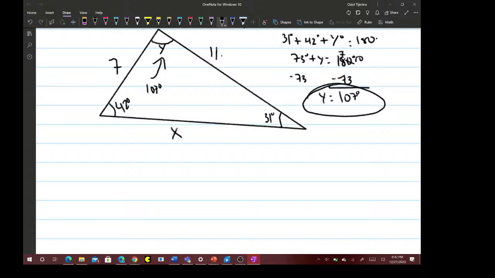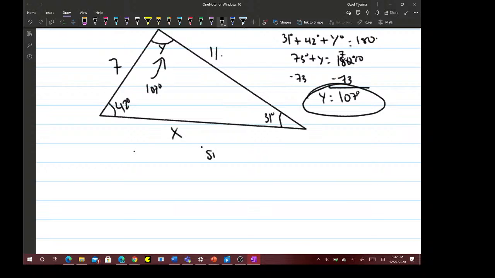The law of sines would be sine of theta over side theta, or something like that. Basically, you take the sine of your angle and you divide it by the corresponding side. That's how I do it.